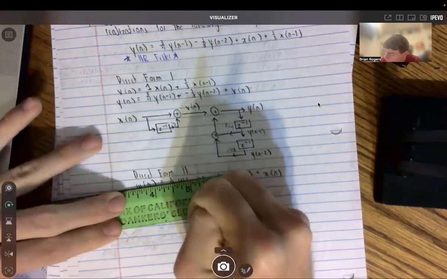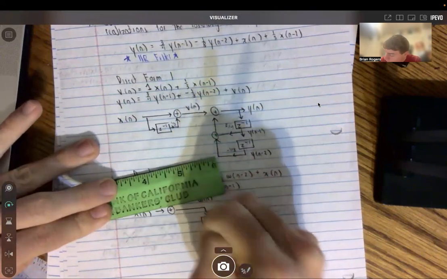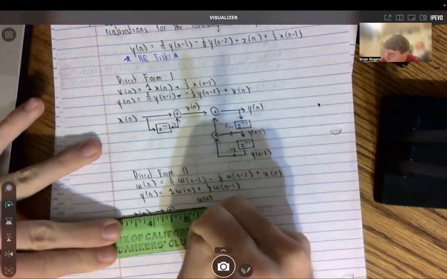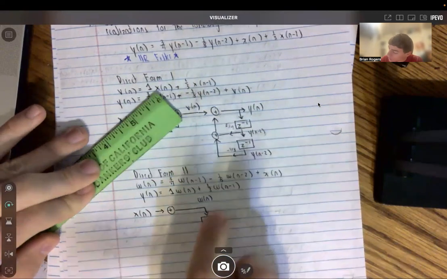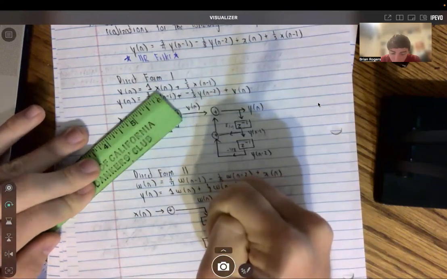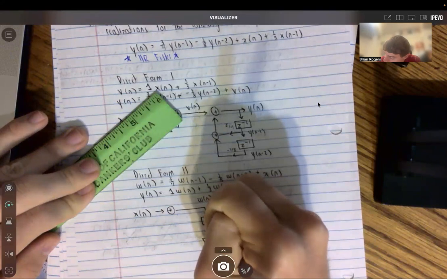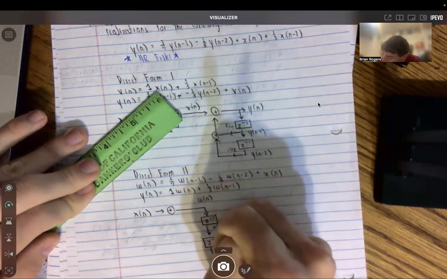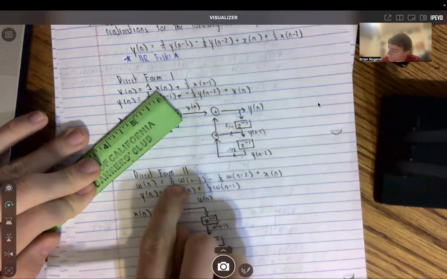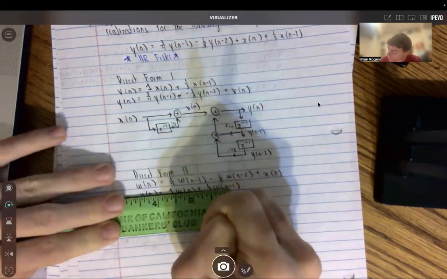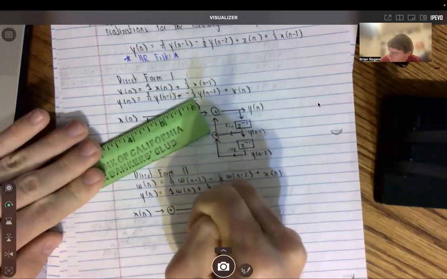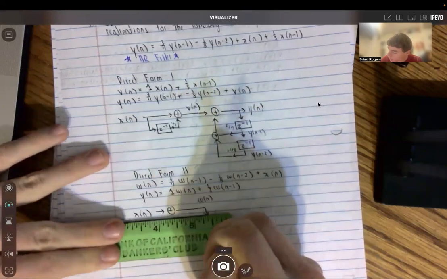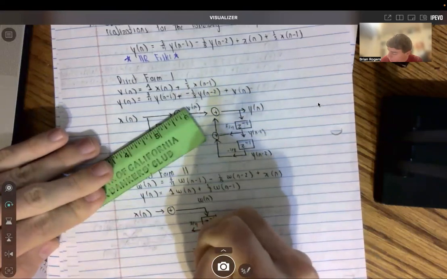So here's one delay, and here's the second one. This is omega n minus 1 right at this point here, and here we have omega n minus 2. Here it's going to multiply by 3/4, and here we're going to have it multiplied by negative 1/8.